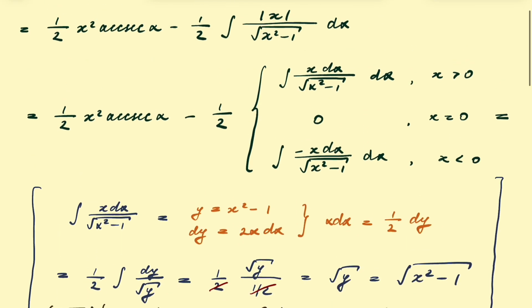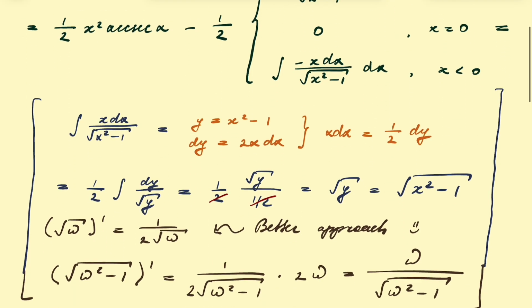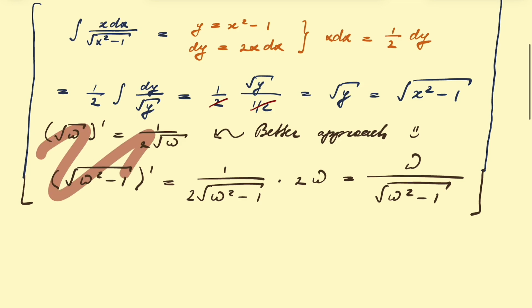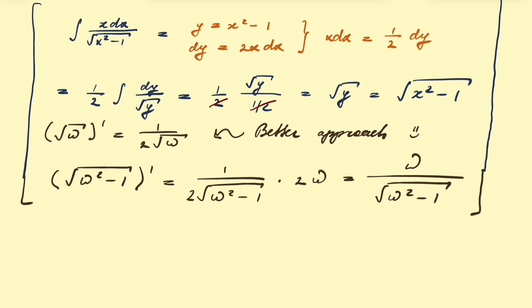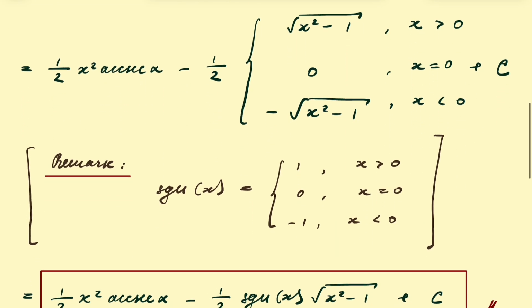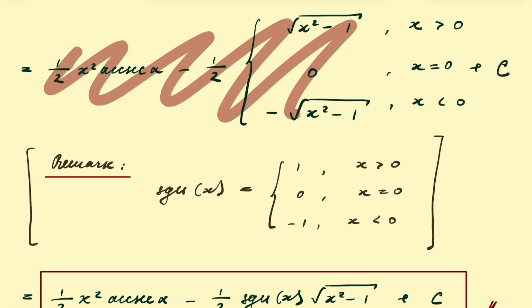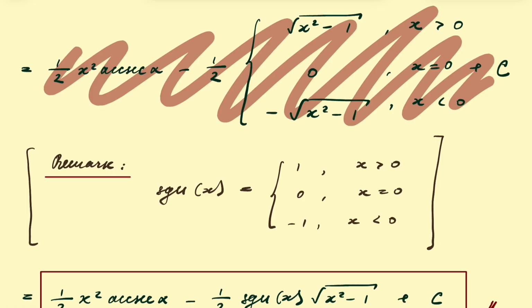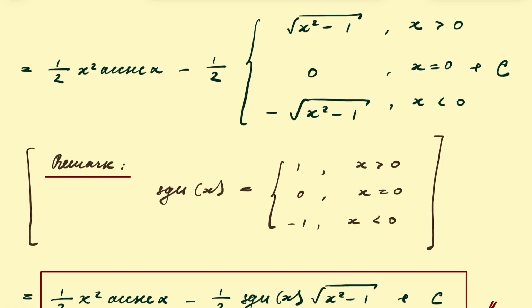Yeah, then we computed this integral using the straightforward way, but there's also a brief and better way to compute it using just some observations. And finally, after we had the final form of the answer, we expressed this using the sign function, which looks concise and neat.